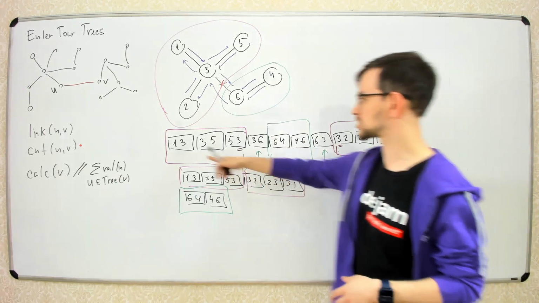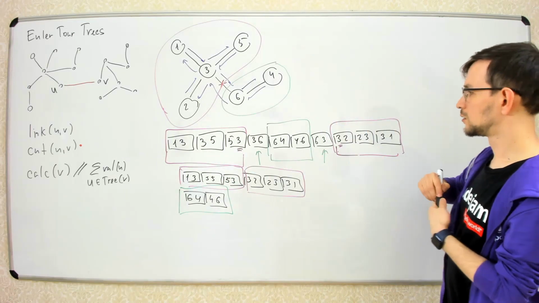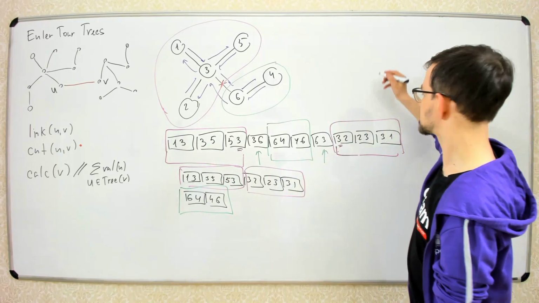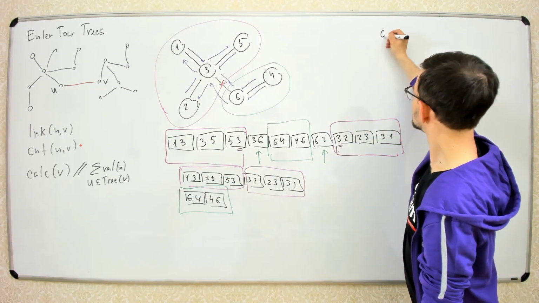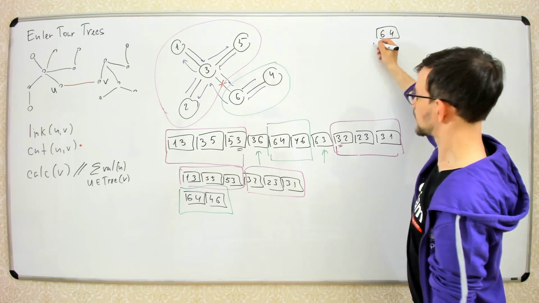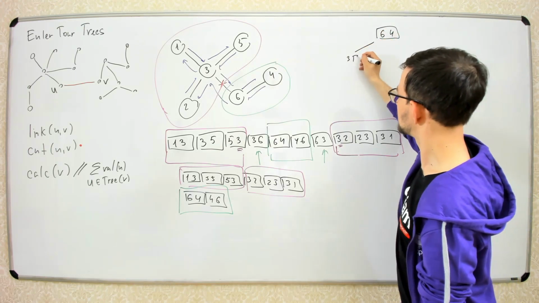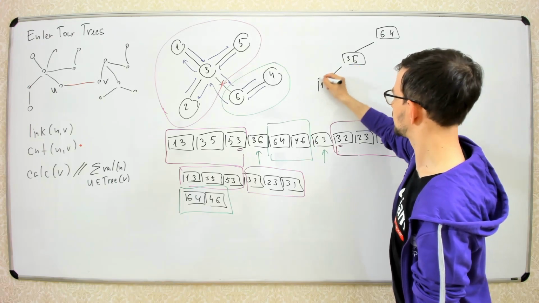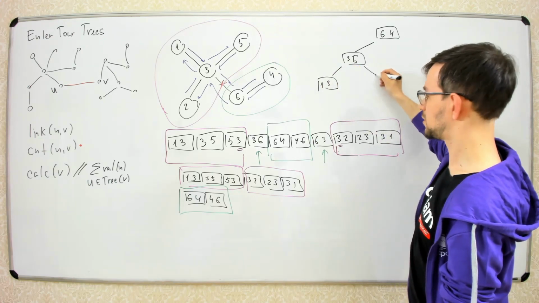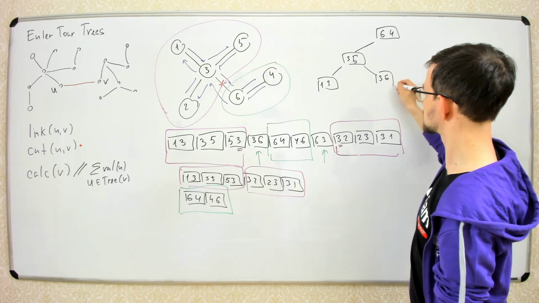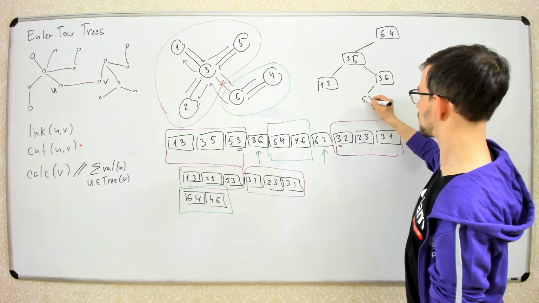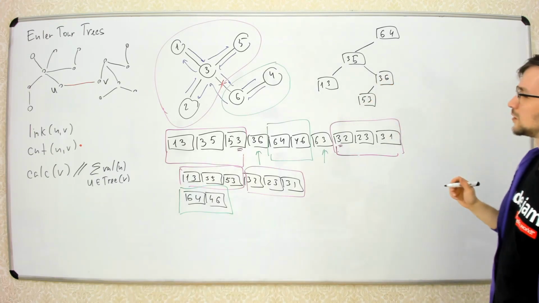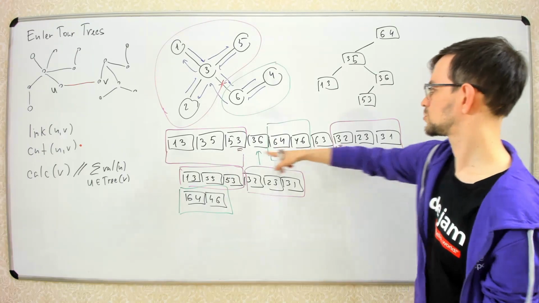So these edges are in this order in this tree. Let's build some Splay tree. Let's say we have this 6, 4, and then in the left we have this 3, 5. Here we have 1, 3. Here, for example, we have 3, 6. Here we have 5, 3. So it's the whole left part.